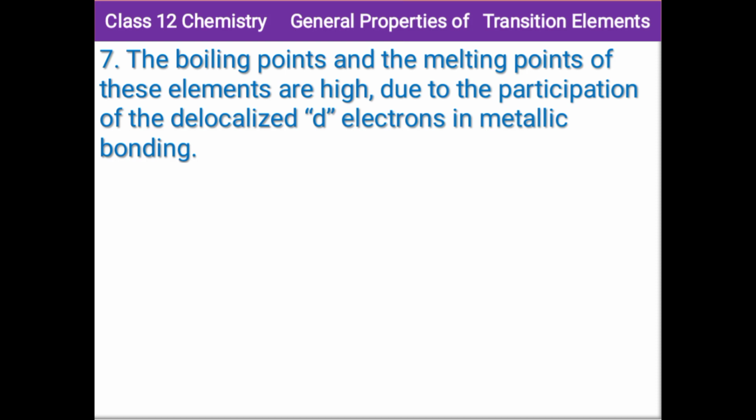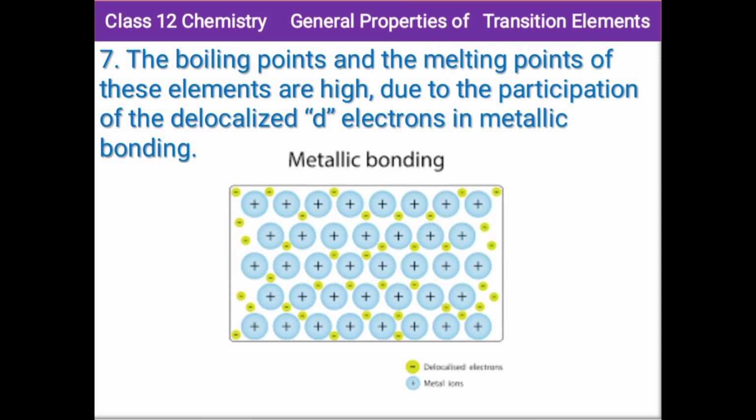That is why the metallic bond is very strong and they are very hard. For example, this diagram shows metallic bonding where the electrons are located between the nuclei of these elements. These are delocalized electrons which are responsible for the strong metallic bonding and for the electrical conductivity of the elements.